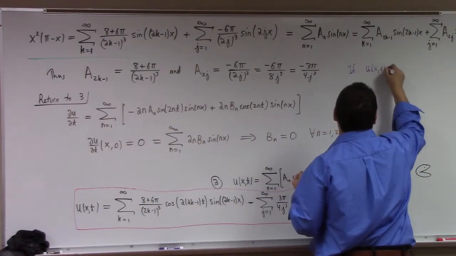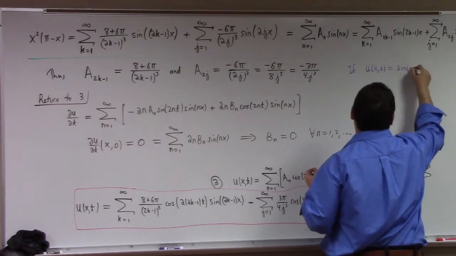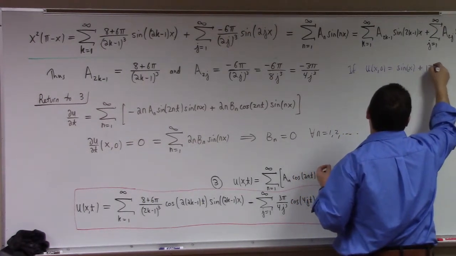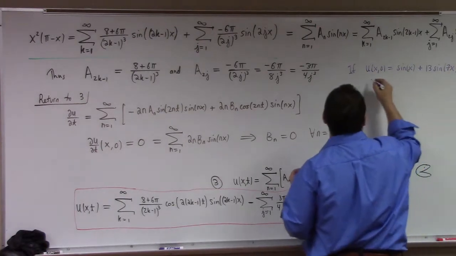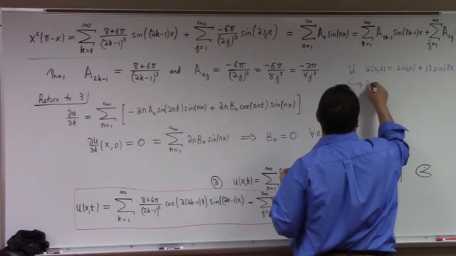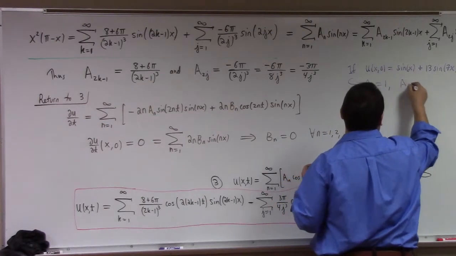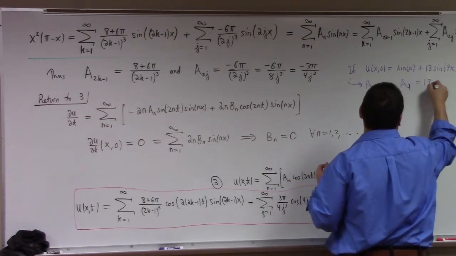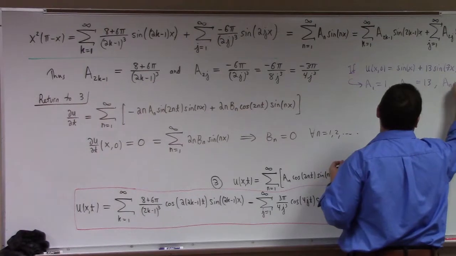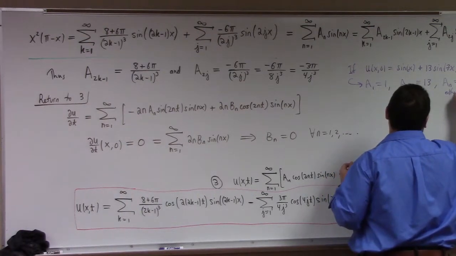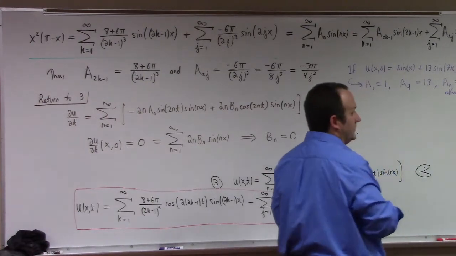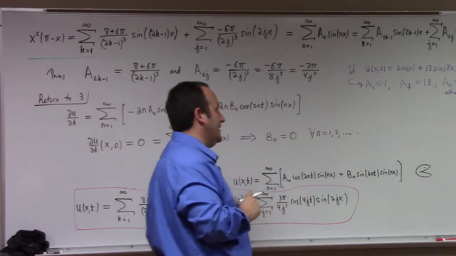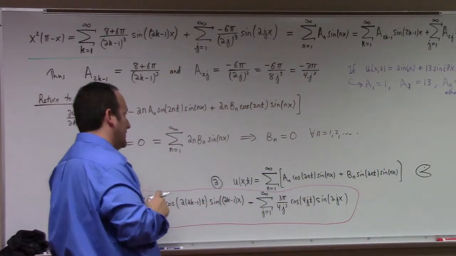if u of x comma 0 was, you know, sine of x plus, let's say, 13 sine of 7x, that would have told me that I should make a1 equal to 1, a7 equal to 13, and a sub n equal to 0 otherwise. Right? In that case, the solution would just be what?